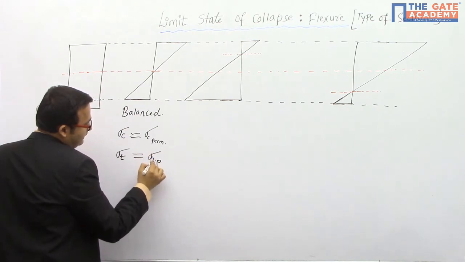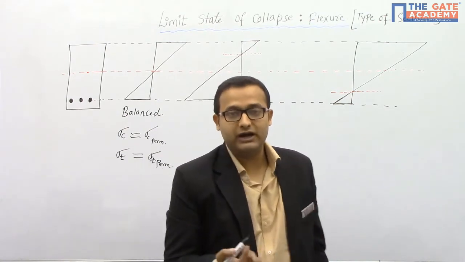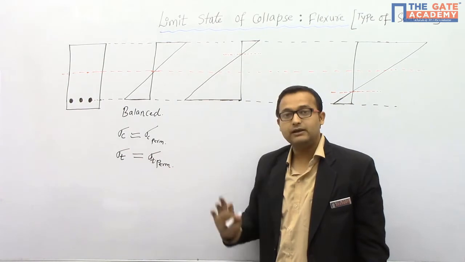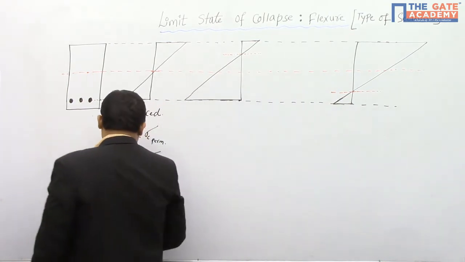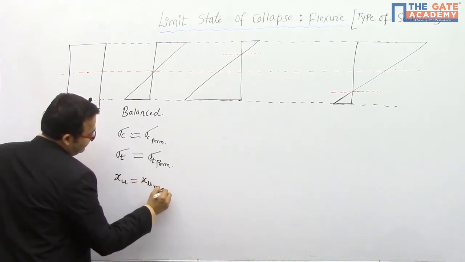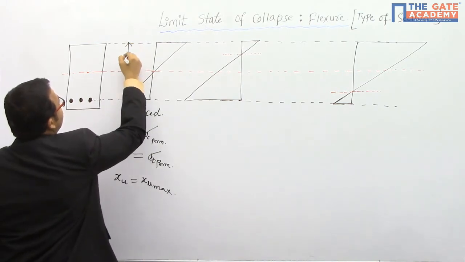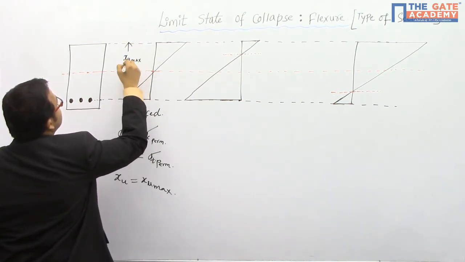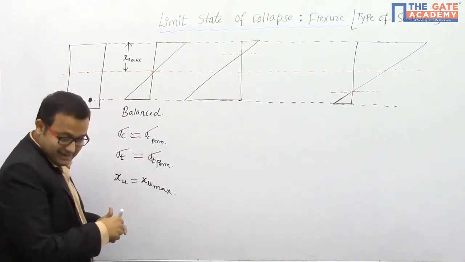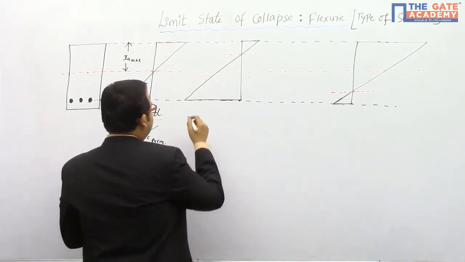What is the permissible limit of the tensile stress? 0.87 fy, as already discussed in the previous lectures. So sigma t will be equal to sigma t permissible. And in this case, your depth of neutral axis xu will be xu max. Some people also write xu limiting. So this value will be equal to xu max, the limiting depth of neutral axis. This is called your balanced section. Now let's talk about the under reinforced section.